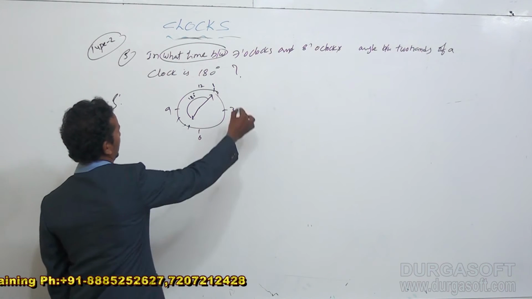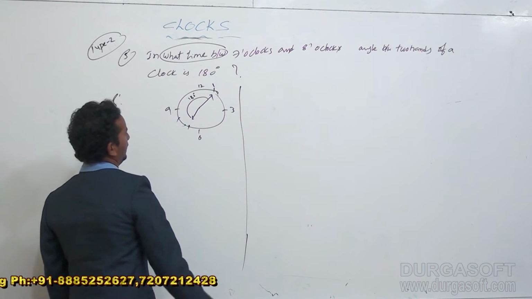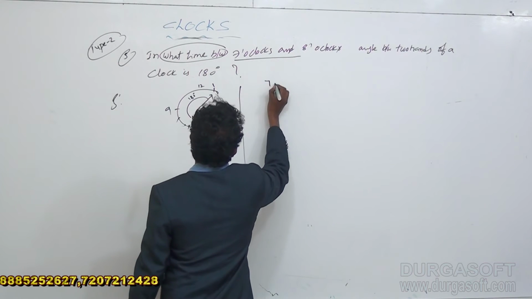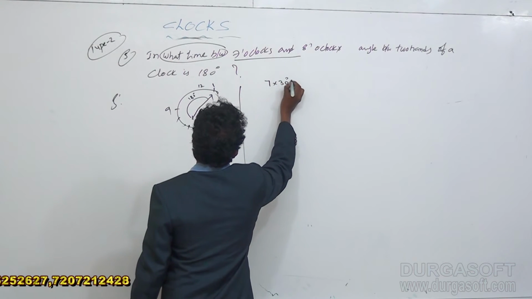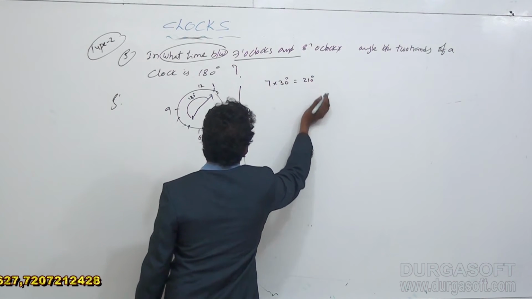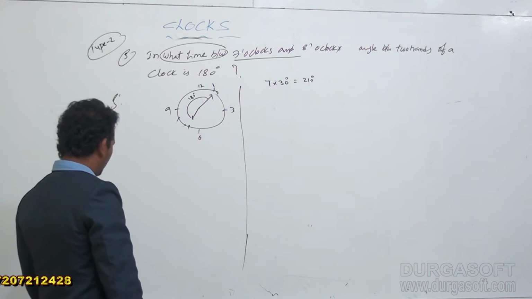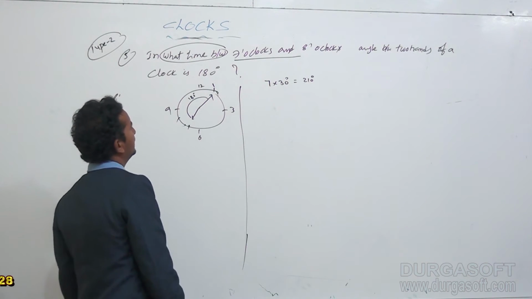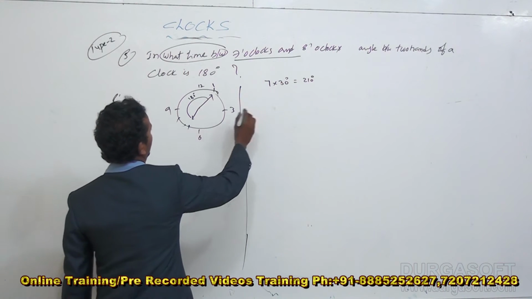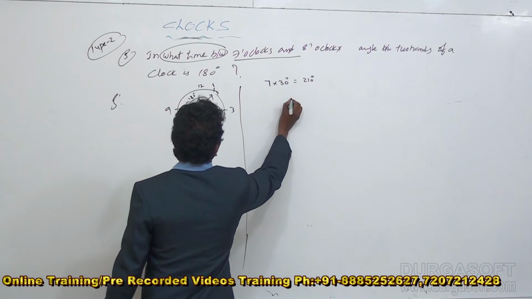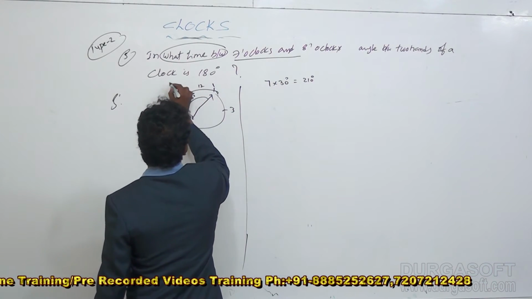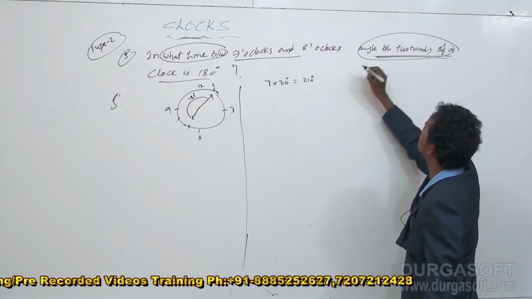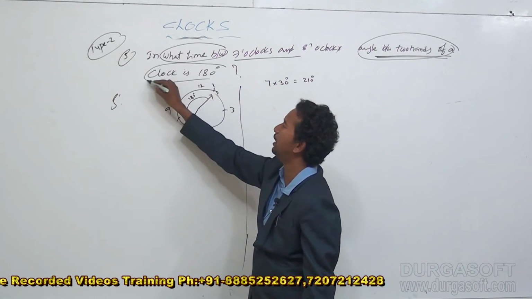Now in the solution part, I take 7 hours: 7 into 30 degrees is 210 degrees. But 180 degrees is given here. The two hands of a clock are in opposite directions at 180 degrees.